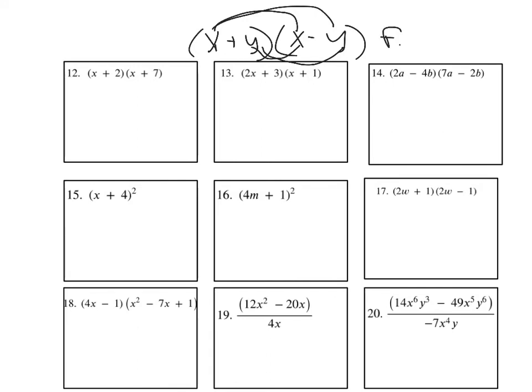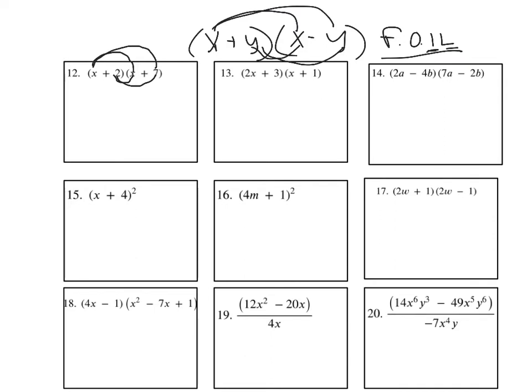They call it FOIL, first, outside, inside, last. And y'all, it's called that, but it's exactly what you do when you distribute. I'm going to distribute this first, then I'll distribute this one. That's the outside terms. Then I'll distribute the 2 and the x. That's the inside terms. Then I'll distribute 2 and 7. That's the last terms. So this is just some little name they come up with to help you remember. But if you just distribute, you're doing the same thing.